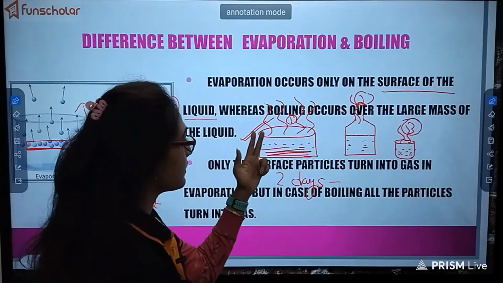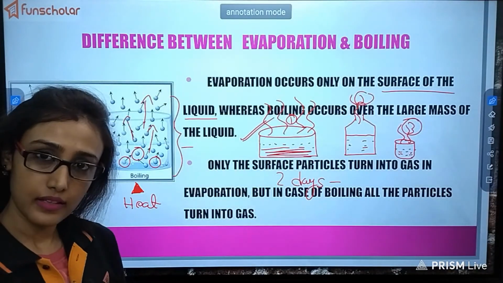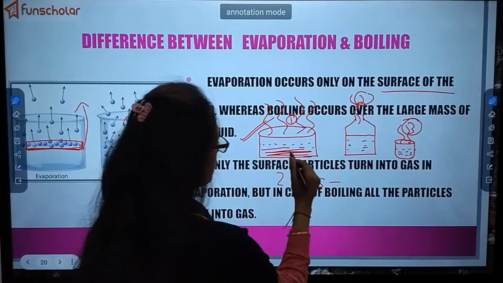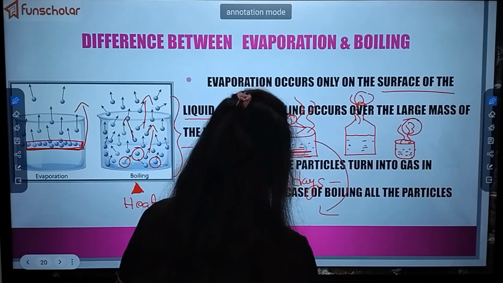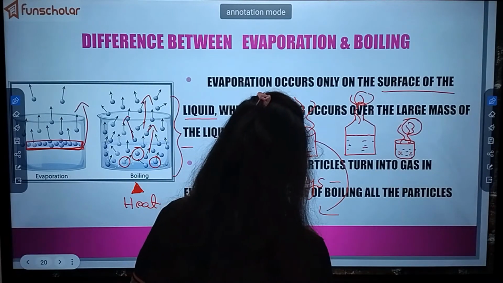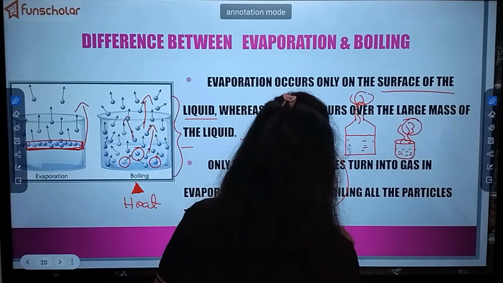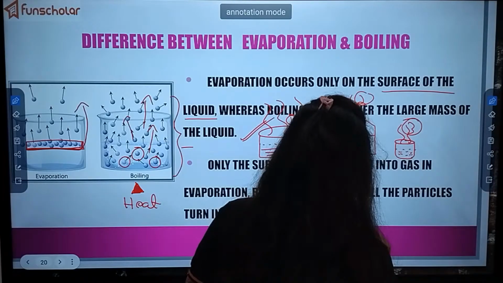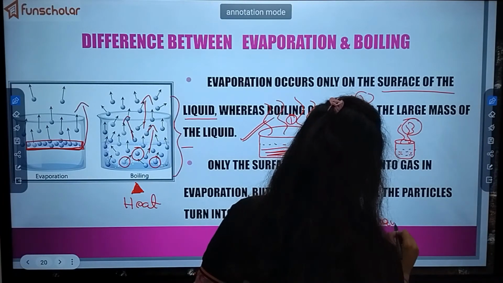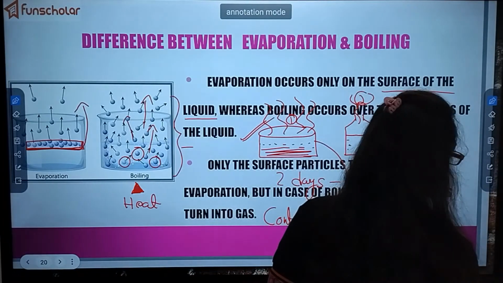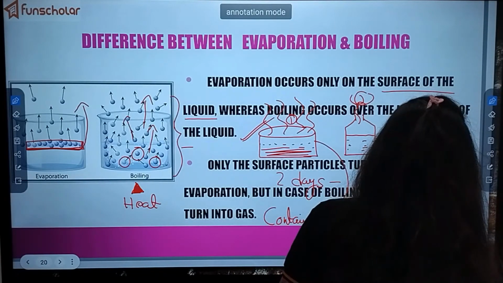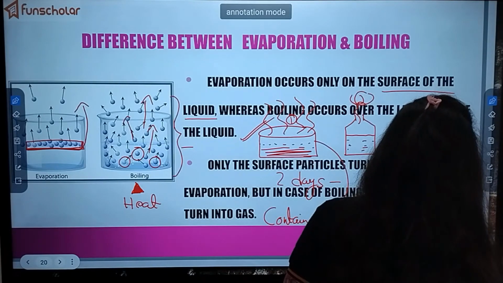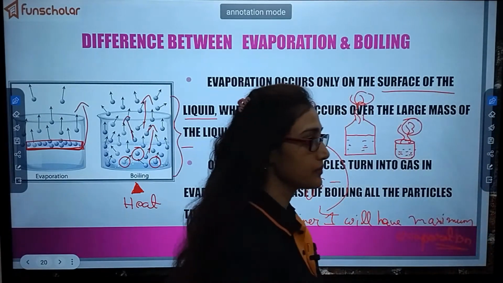Obviously in the container one, right? So after 2 days, you can see container one will have maximum evaporation. Understood?